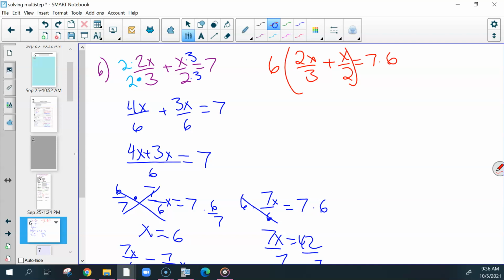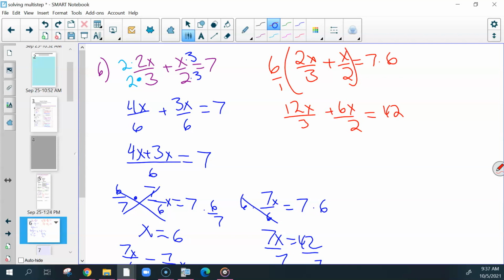Because 3 and 2 both go into 6, I need some number that would get rid of those two, and it has to be a multiple of both. So we're going to distribute this 6 across. 6 times 2 would give us 12x, and this would just be over 3. 6 times x would give us 6x, and this would just be over 2, equals 42.